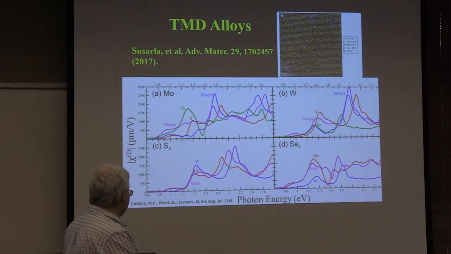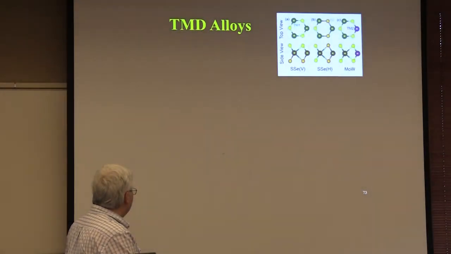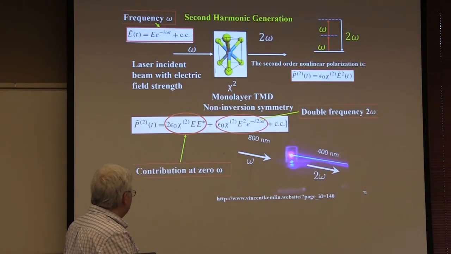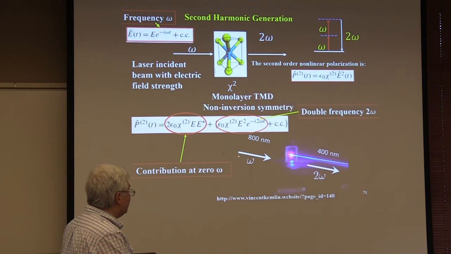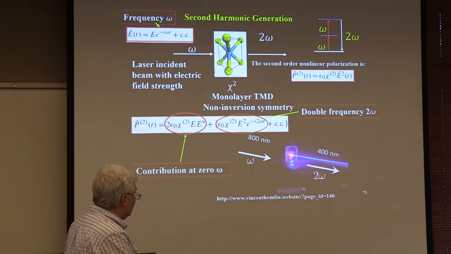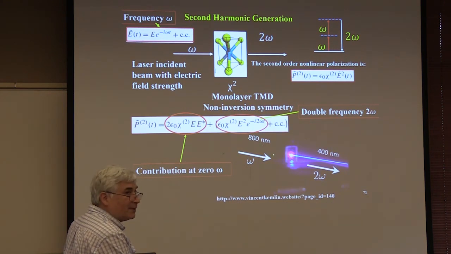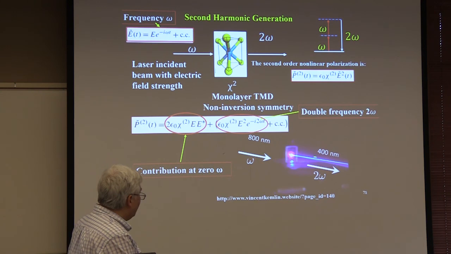We can see where we can have a good signal. This is half the excitation, because in the second harmonic, you introduce a laser into your nonlinear optic system. You have a laser of 800 nanometers wavelength, and this is a nonlinear system.